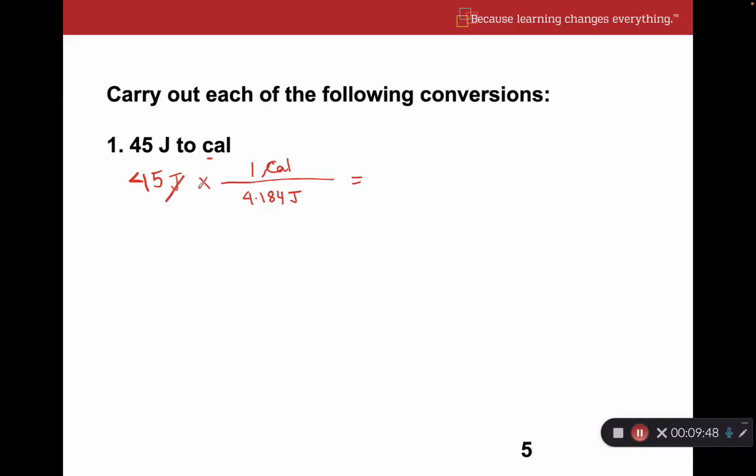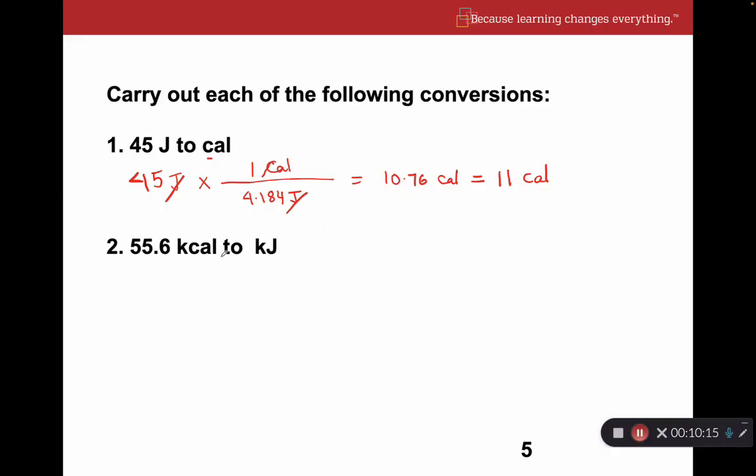Now I can cancel the joule with joule. Now 45 divided by 4.184 gives me 10.76 calorie. You can report that answer in 2 sig figs because 45 is 2 sig figs, so I'll write 11 calorie for the answer. That's simple. Let's try another question.